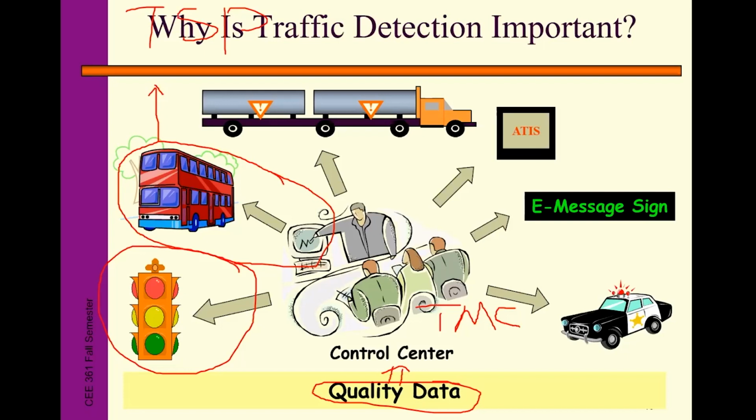Because from the traffic management perspective, we want to move people rather than move vehicles. So if we can provide a high quality travel condition for transit vehicles, that means buses, we can attract more people to use buses, in order to reduce the vehicle trips, so you move the same amount of people.